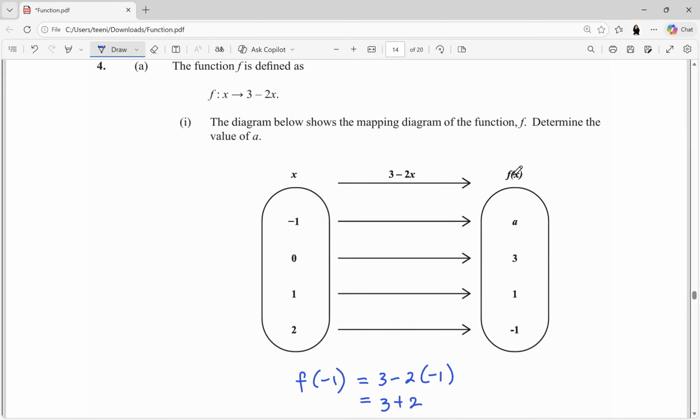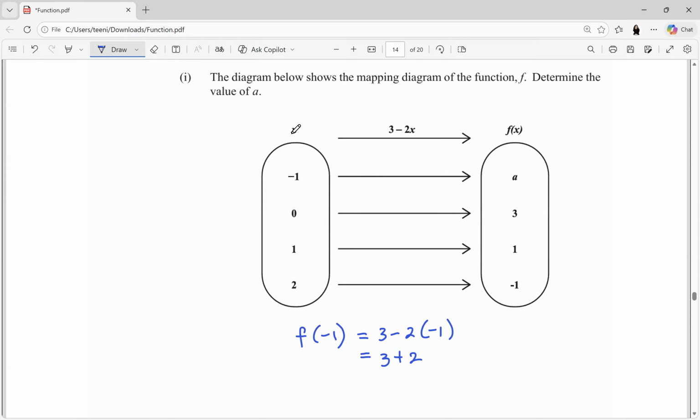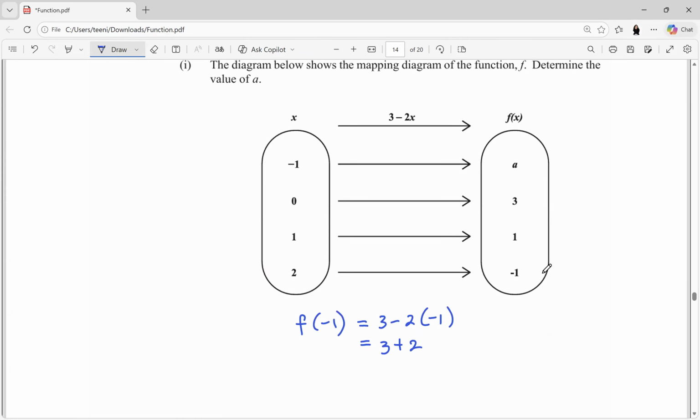When x is 0, it will be f of 0. f of 0 is 3. When x is negative 1, f of negative 1 is a, which we just worked out to be 5. When x is 1, f of 1 is 1. f of 2 is negative 1. So that's how you interpret this mapping diagram.